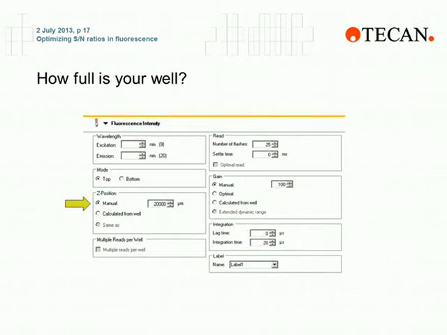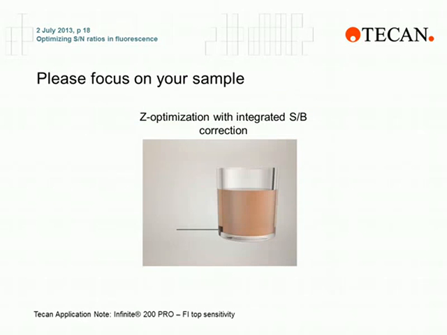The next parameter we will look at is the so-called z-height optimization. Since different assays require different sample volumes in your microplate, and knowing that the sensitivity also depends on the filling volume in your microplate, it is essential to have a z-height optimization, or if you want, a height control implemented in your reader.